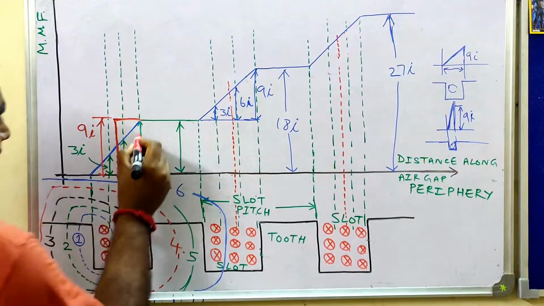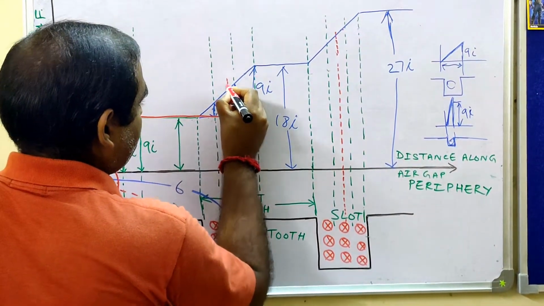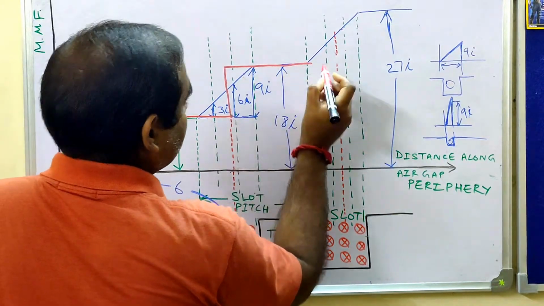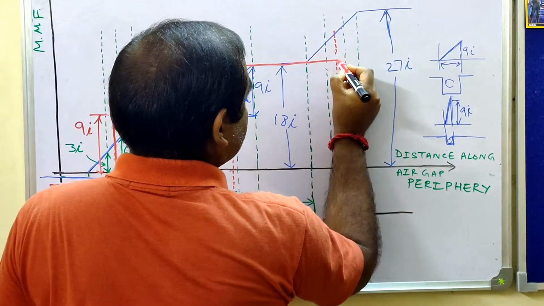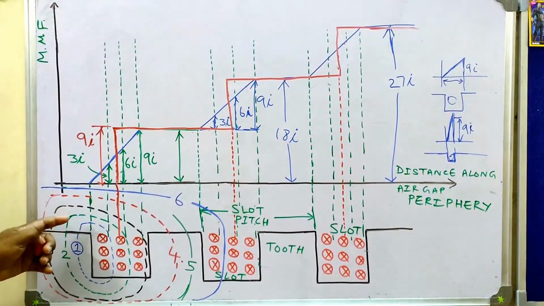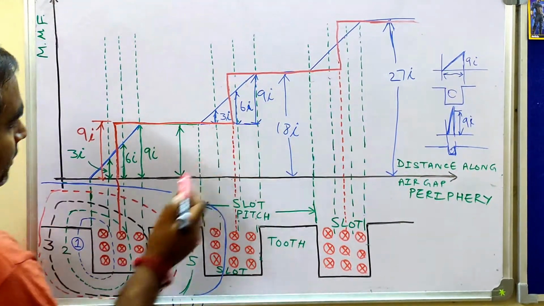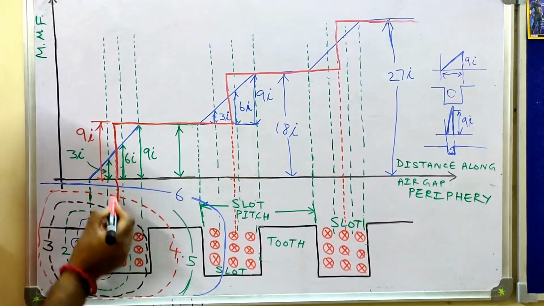So the red one is the approximated variation of MMF, which I am showing in red color. This is the approximation of the MMF variation. So the MMF variation over the slot pitch is the approximated one shown by the red color. You see, there is a step jump at the middle of the slot here.